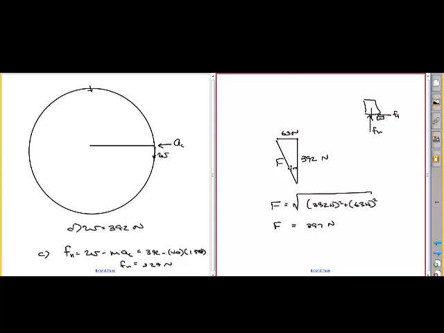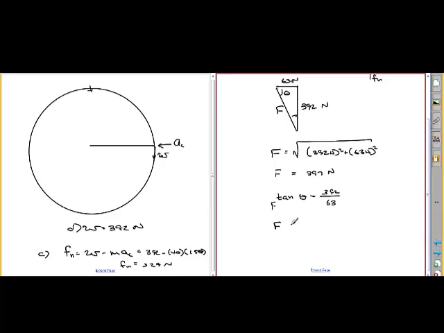And the question is, is it this angle or is it that angle? I think they look at this angle. And so you do the tangent. So the tangent of theta is the opposite over the adjacent. So theta would be the inverse tangent of 392 over 63.